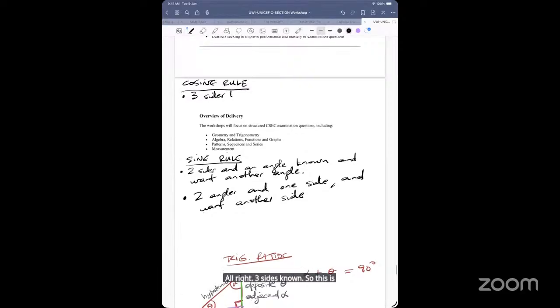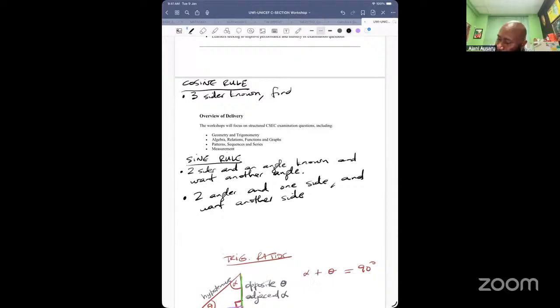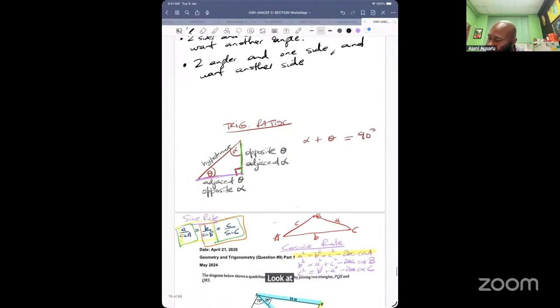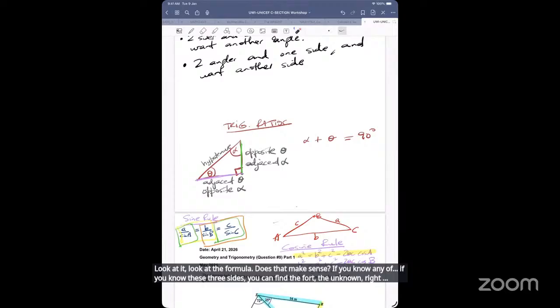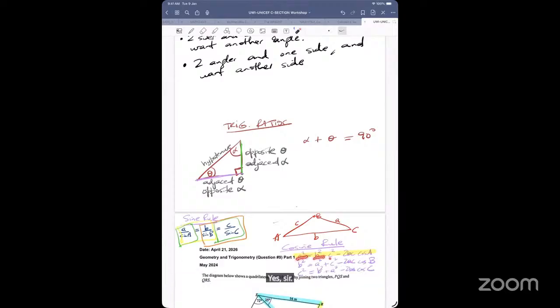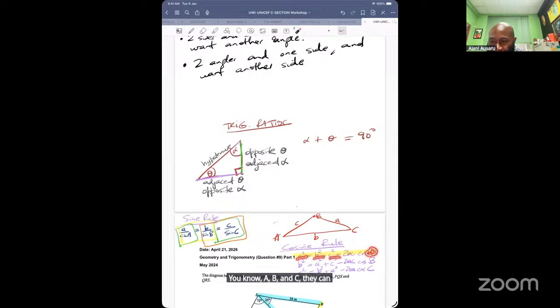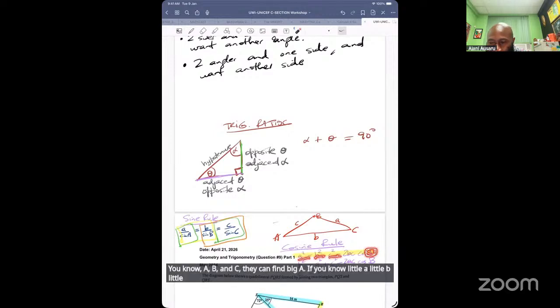Three sides known, find any angle. Does that make sense? Look at the formula. If you know these three sides, you can find the unknown, right or wrong? Right. If you know little a, little b, little c, the only thing that is not known is capital A.